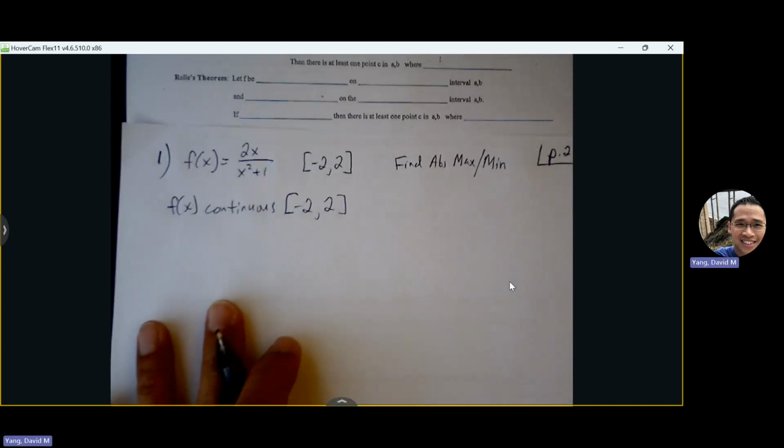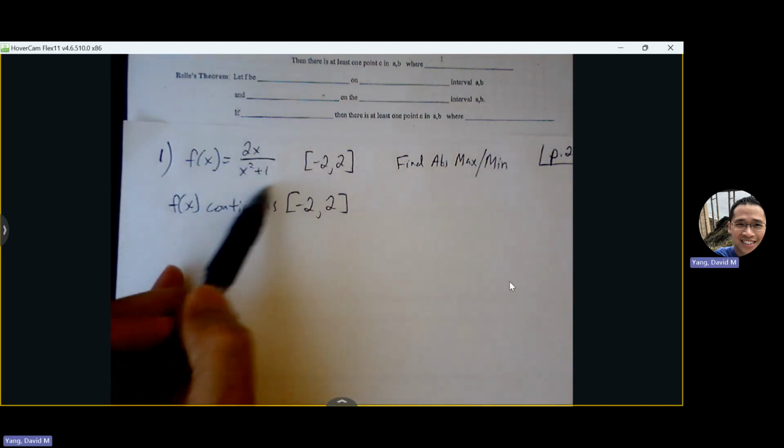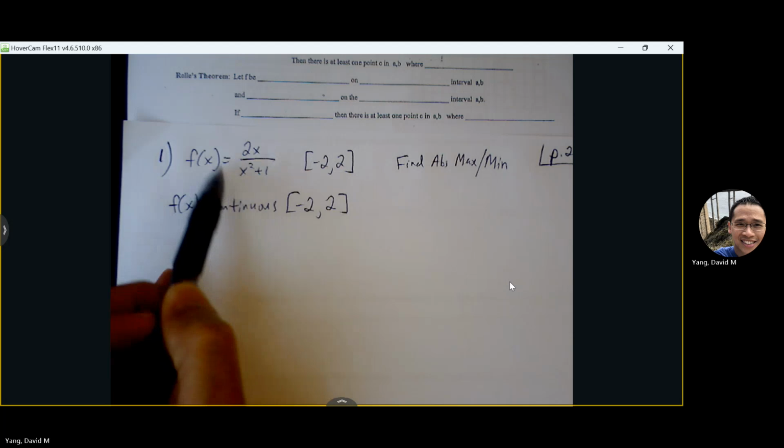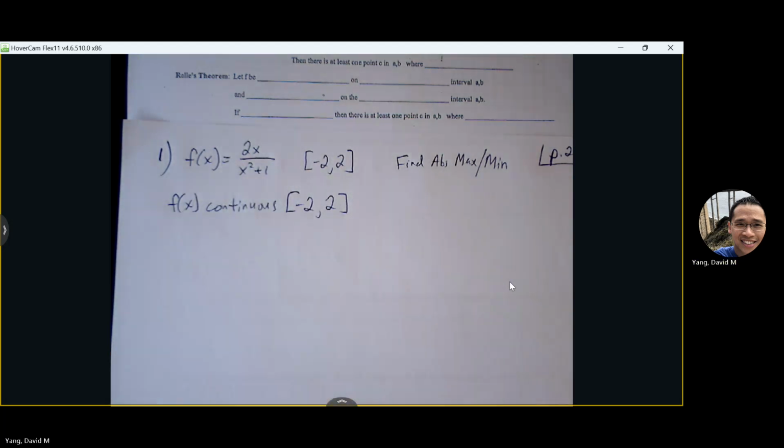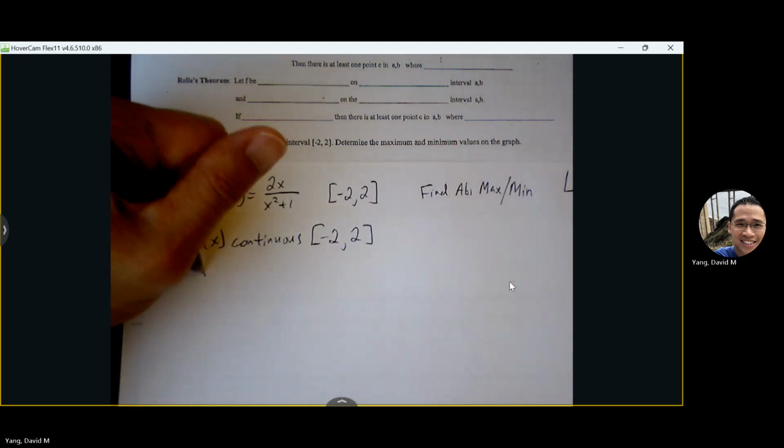Okay, so if I want to find the critical point, got to find the derivative. To find the derivative, what process do we have to involve here? Numerator, denominator, we have to use what? Quotient rule, yeah.